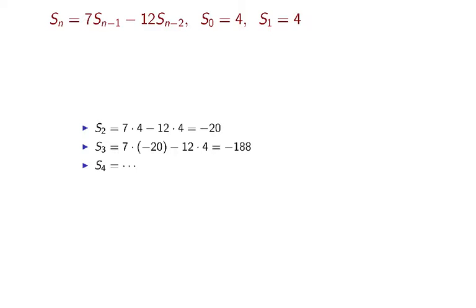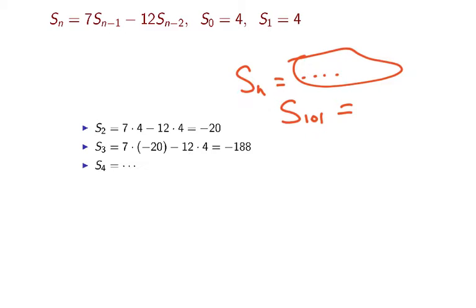In opposition to what would happen if we have the direct form. If we could have that Sn is equal to some function here of n, in a direct way, we would be able to calculate Sn for any n directly. So for instance, we want to calculate how much is S101. Well, if we have a formula here, we can plug in the n and we will calculate the term 101.